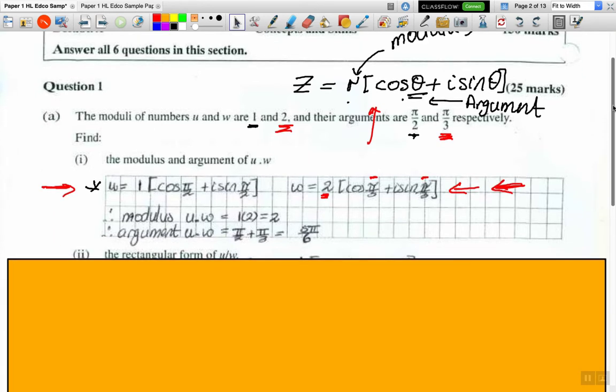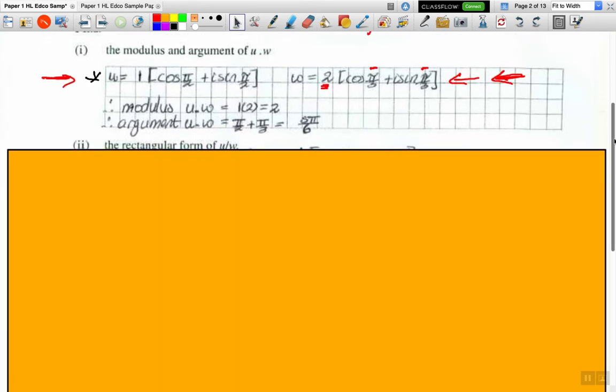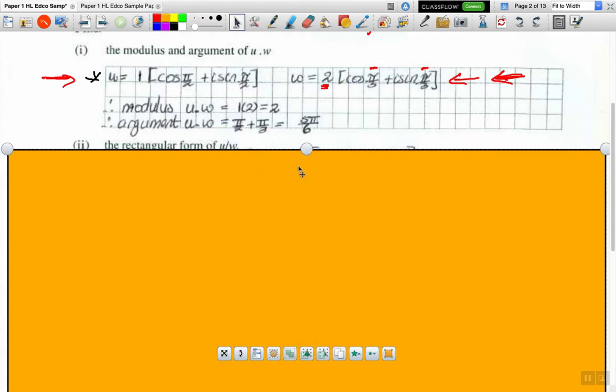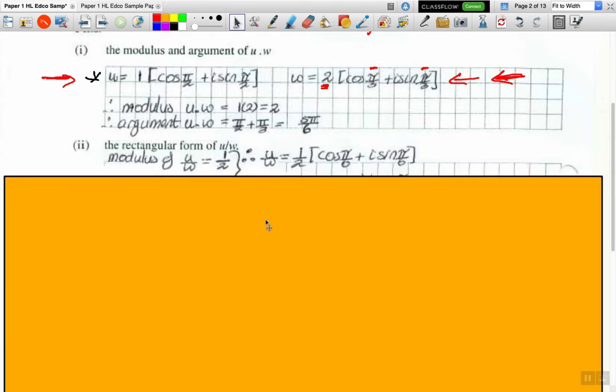So now when we go on to the next part of the problem, it asks us to do this in rectangular form. How do you work out the modulus when it's division? Well, to work out the modulus when it's a division, you end up dividing the two moduli.